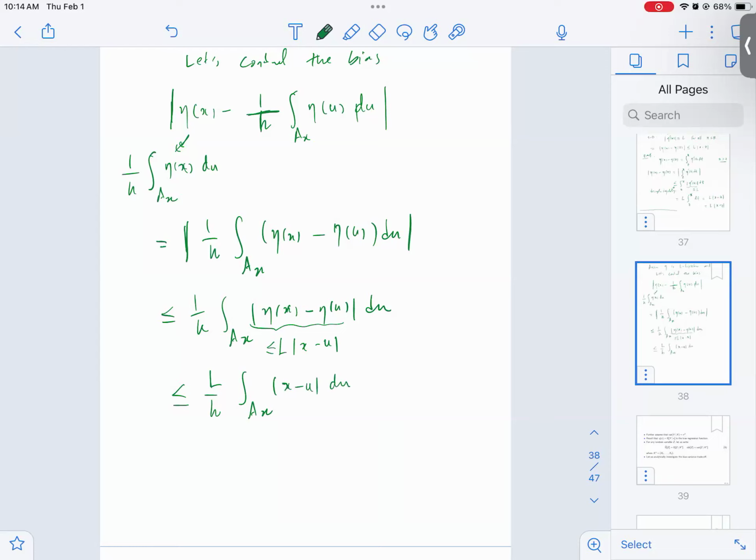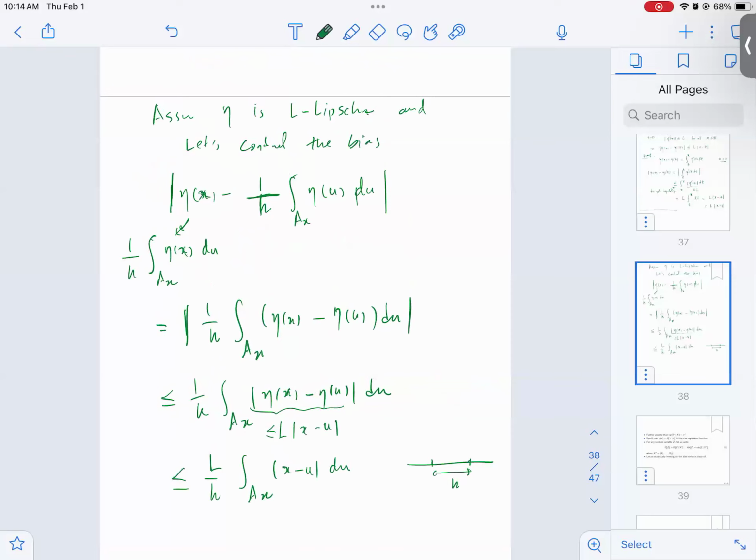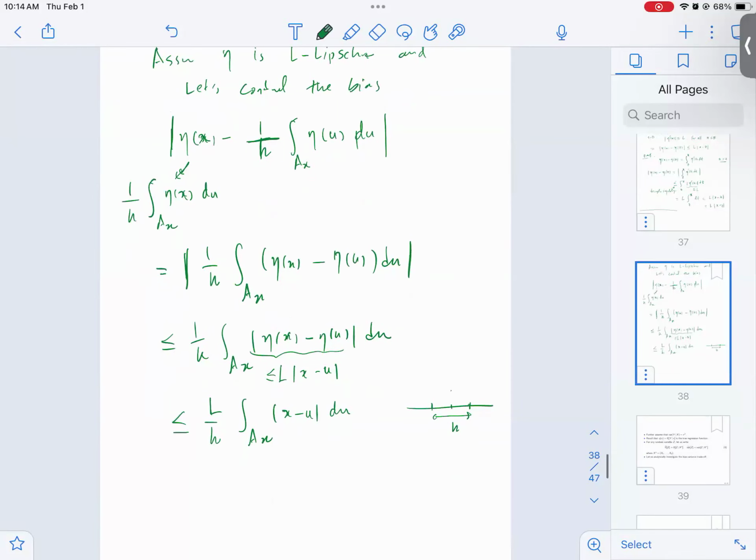Okay. And so if you remember, A of x is an interval of length h. The same x, this is x, good. So x is somewhere here, and u is also somewhere here, since we're integrating over A of x.